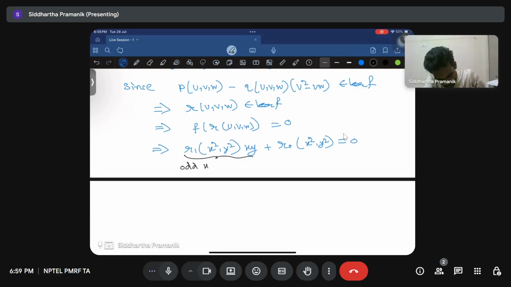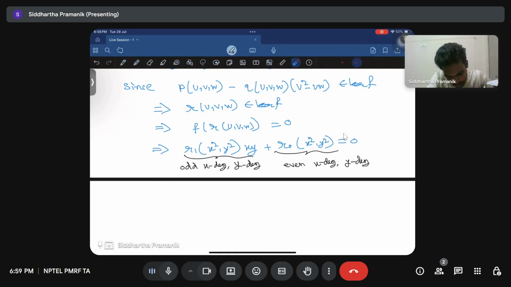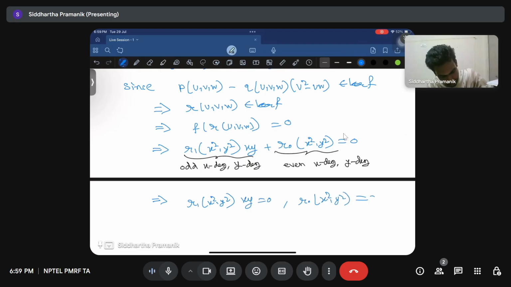But in this term it has always even x-degree and even y-degree. So we cannot find any element between these two which will cancel out. So this has odd degree terms, this has even degree terms, their sum is 0, so that will imply they have to be individually 0. So r1(x square, y square) times xy equals 0, and r0(x square, y square) equals 0.